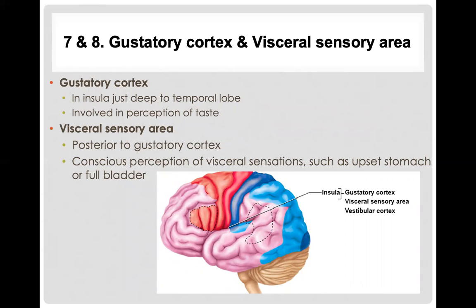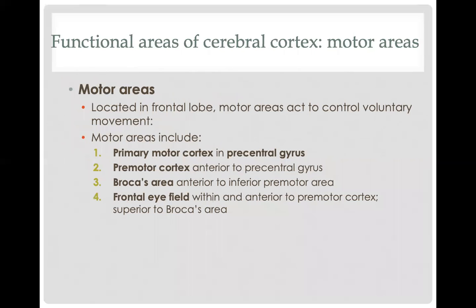The visceral sensory area is your ability to sense changes within your internal structures, such as an upset stomach or a full bladder. There is no specific region per se within the insula that we would like you to identify for gustatory versus visceral versus vestibular. However, you do need to know that all three are associated with the insula.